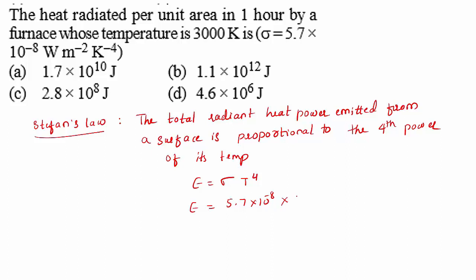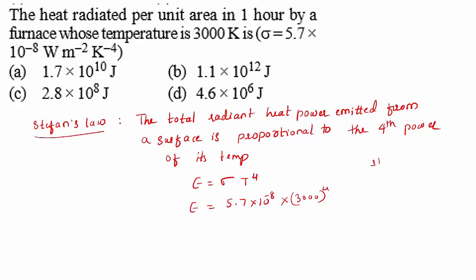Substitute the value. Here heat is radiated per unit area, that is in 1 hour. 1 hour is equal to 3600 seconds. So we can write T raised to 4, that is 3000 raised to 4. But this is the heat radiated per unit area per second, and here they have given 1 hour.